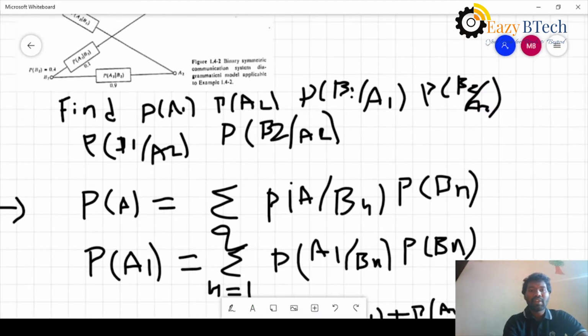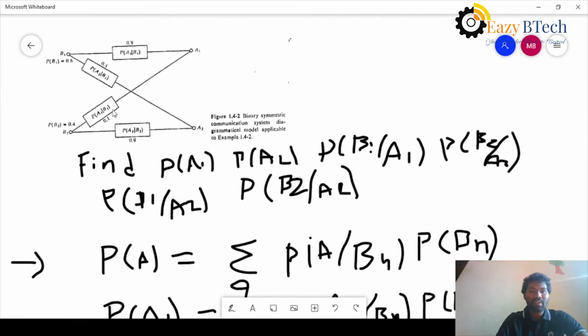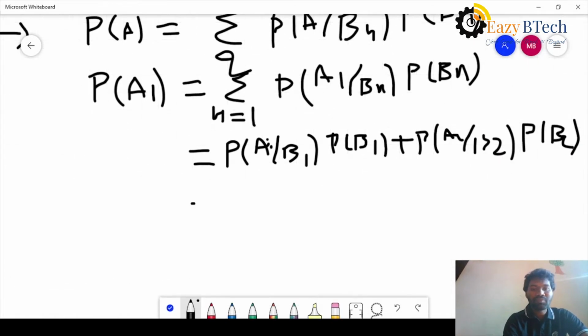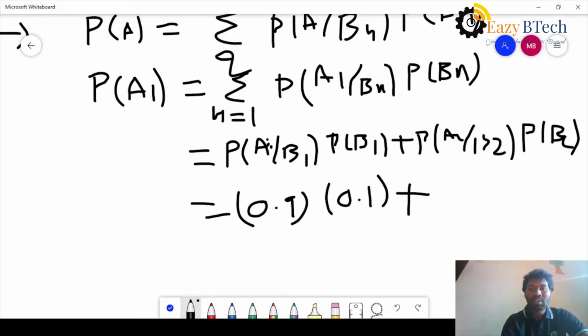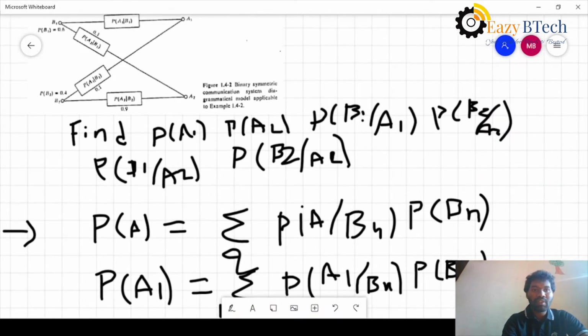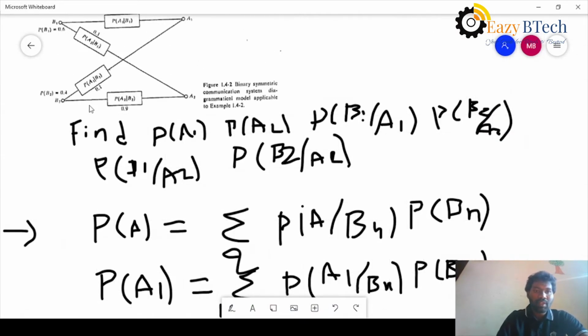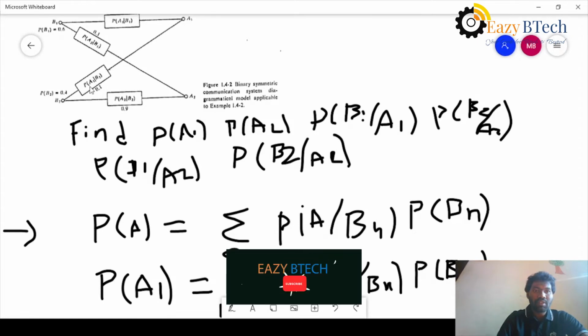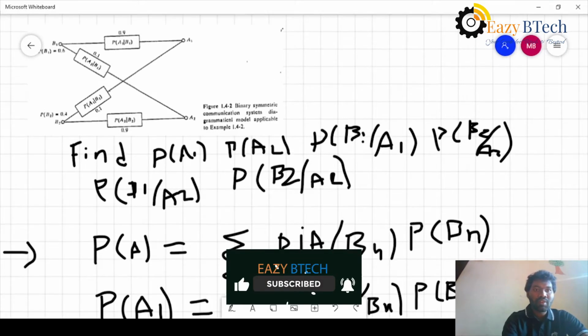A1 given B1 is 0.9. So it is 0.9 into P of B1, which equals 0.1. Similarly, A1 given B2 is also equal to 0.1.